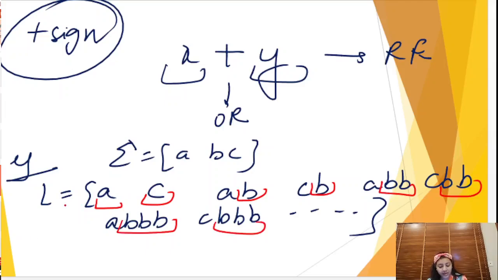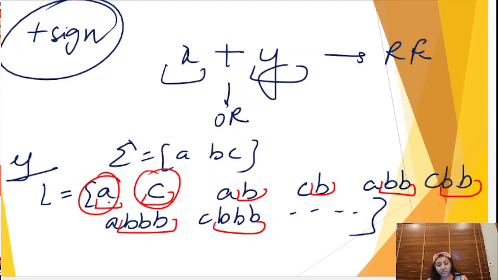Now what does it indicate? It indicates that the strings must begin with either A or C followed by some number of B's in between. Right? This is what the language represents. All strings that begin with either A or C but with some number of B's in between. Okay? So how to represent it? We can represent it by using this plus sign over here.